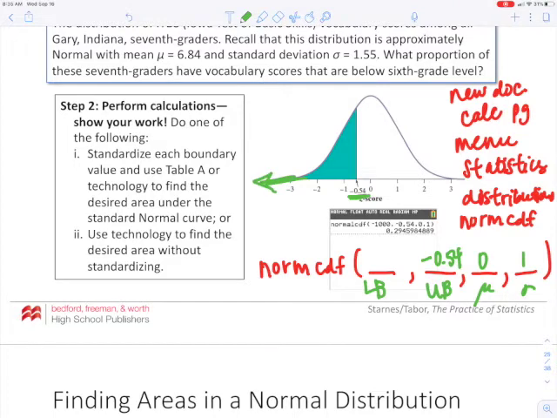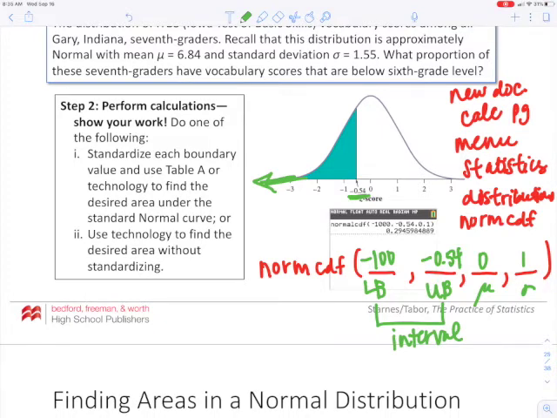Now, for less than, really this curve doesn't necessarily touch the x-axis, so it could go on for a long time. So lower bound just needs to be something ridiculously smaller than the upper bound. So here you see on the screenshot it says negative 1,000. You could probably put negative 100 and be perfectly fine. Okay, so the lower bound and upper bound, this is our interval that we're looking at. So we could change this up and look for a different part on our density curve.